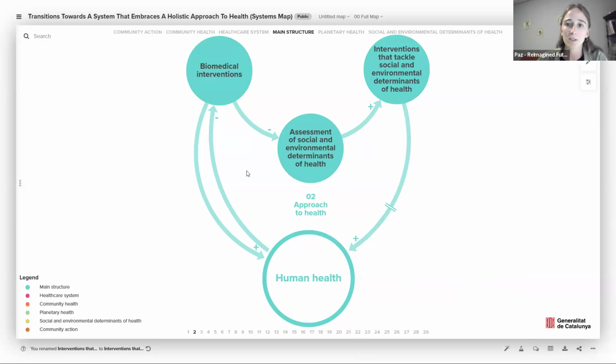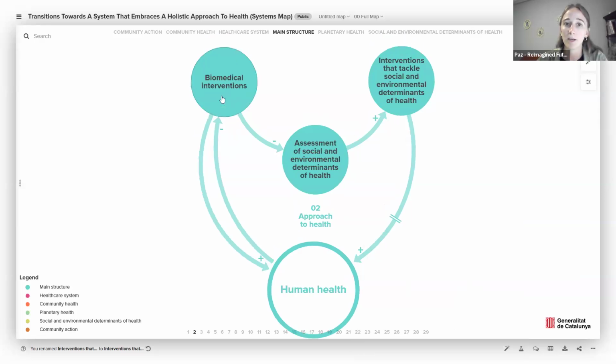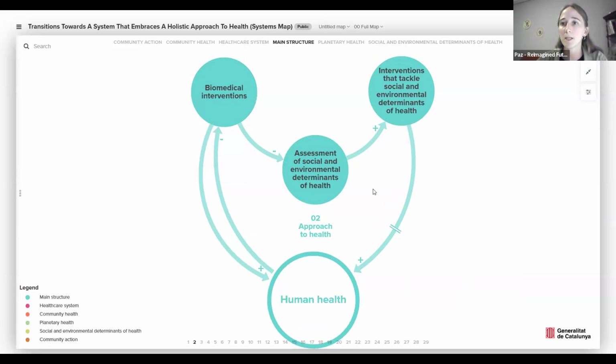And this symptomatic solution, which in this case is biomedical intervention, that means hospitalization, medicalization, taking care of acute diseases, etc., diverts the attention from the more fundamental solutions, which is the assessment and the interventions that tackle the social and environmental determinants of health.